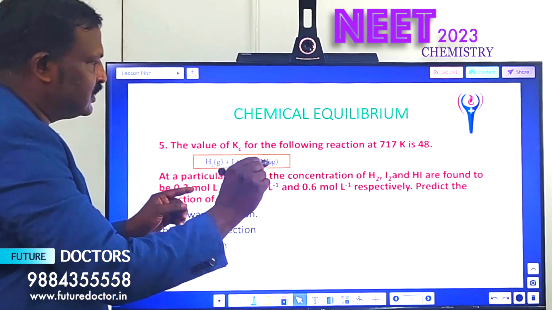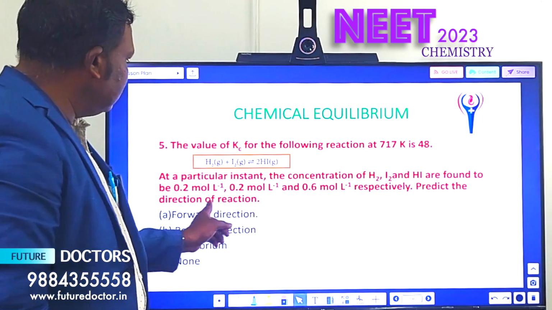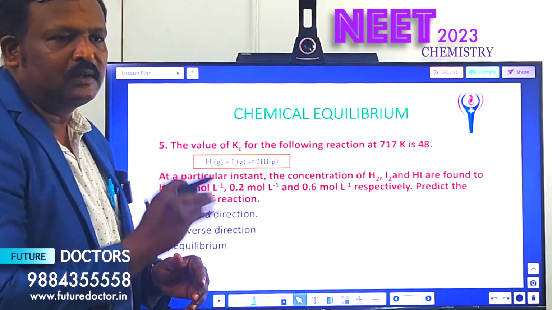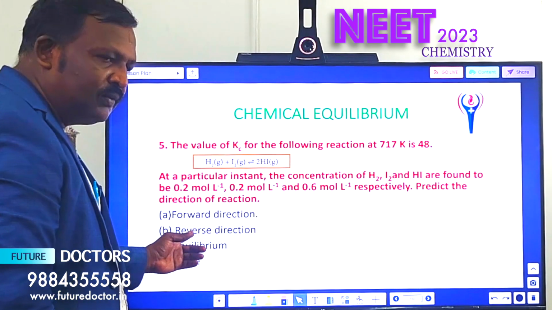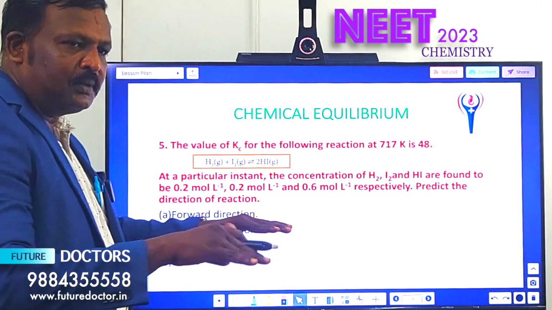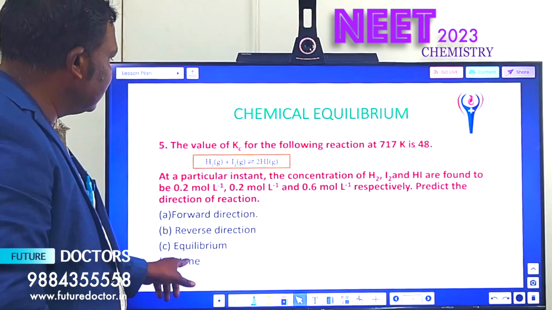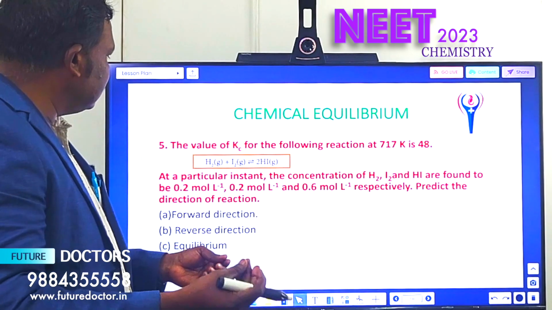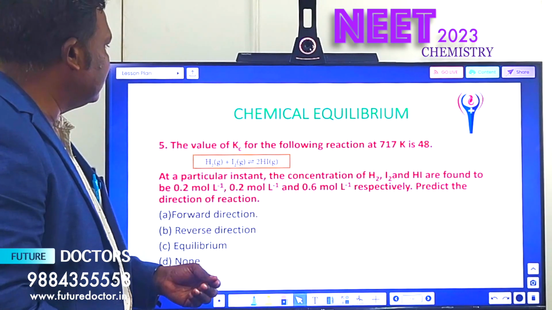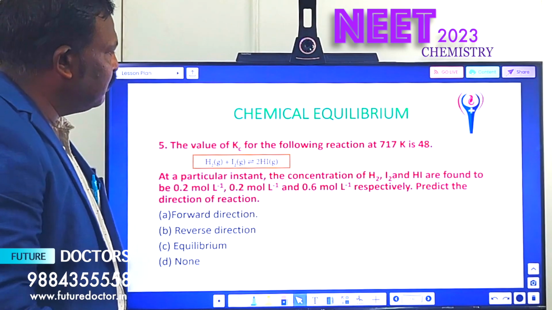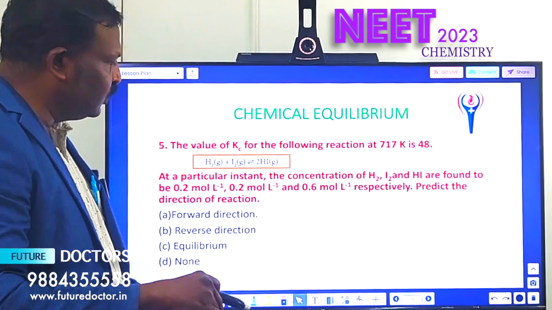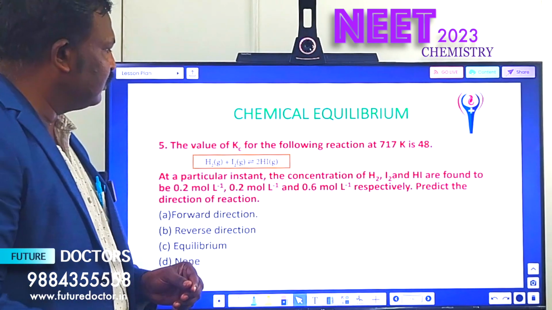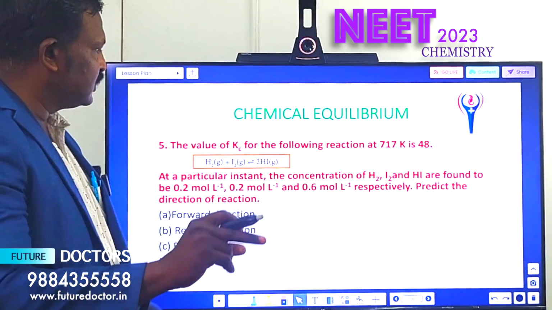By using this, we have to predict in which direction the reaction proceeds: forward direction, reverse direction, at equilibrium, or none of these. To predict the direction of the reaction, we use the Kc value and the Q value. When you compare Kc and Qc, we can find it out. That condition you must know.